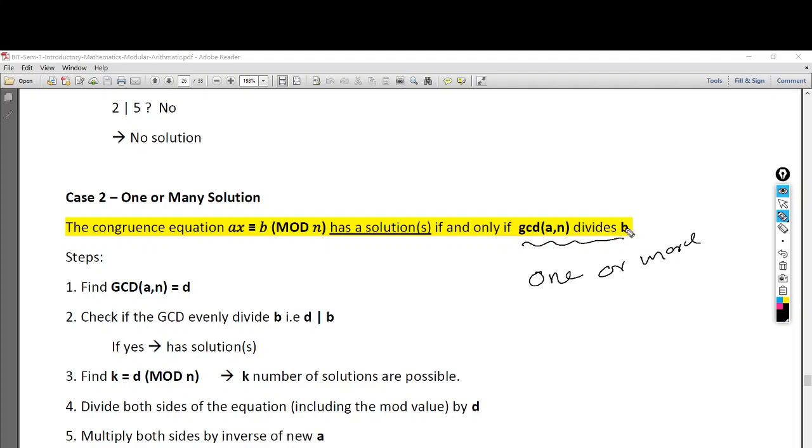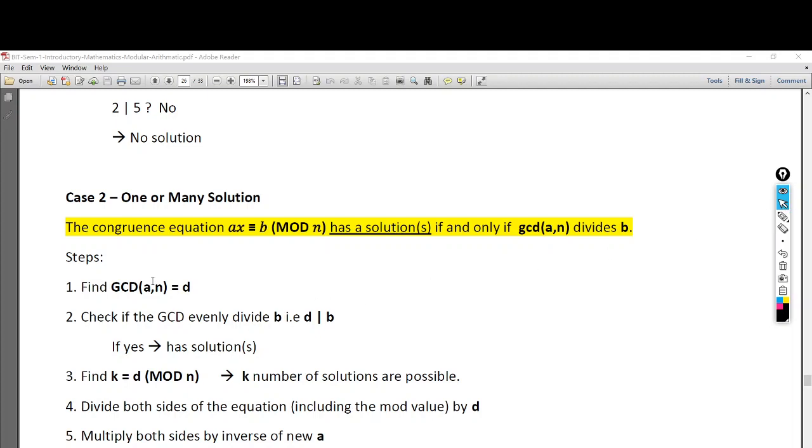So it is either no solution or one or more solutions. If the GCD of a and n divides b, you can't say it is no solution. Then we can also calculate how many solutions there are. So let's see how to check that and proceed with solving the equation. Right, so these are the steps.